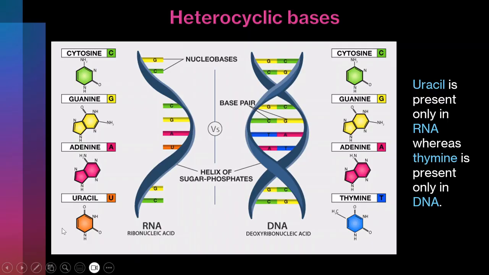RNA contains only uracil and DNA contains only thymine. And the pyrimidine bases present in DNA are cytosine and thymine. Purine bases are guanine and adenine. Similarly, in RNA, the purine bases are adenine and guanine, but the pyrimidine bases are cytosine and uracil.